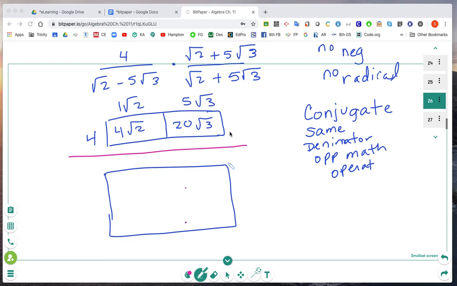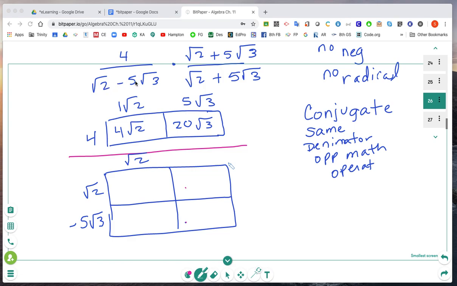So I'm going to take the square root of 2 from my first denominator, negative 5 square roots of 3 from my second denominator, square root of 2 from my second denominator.